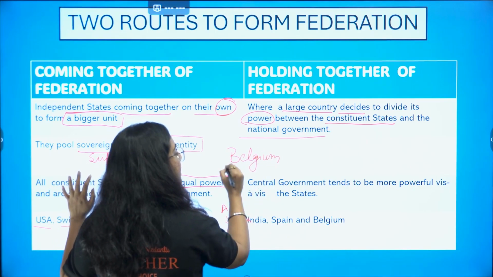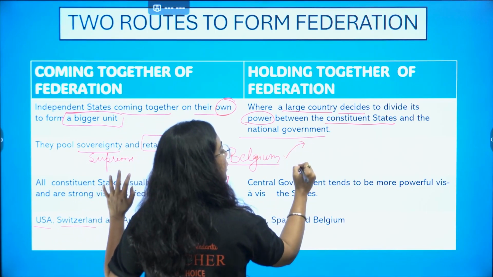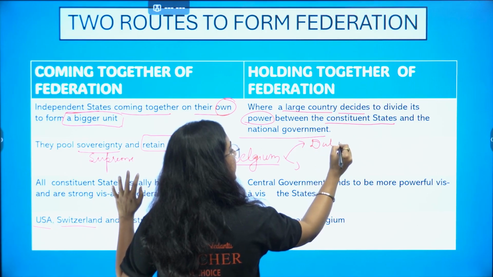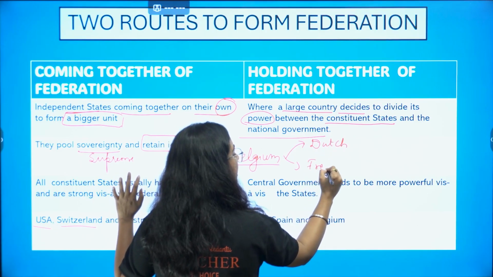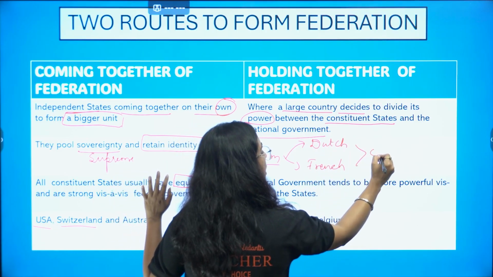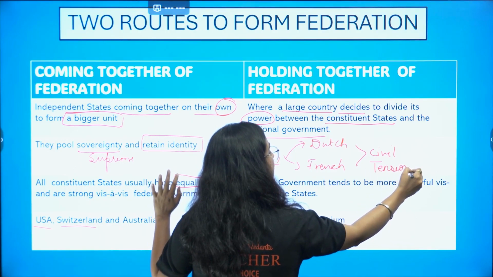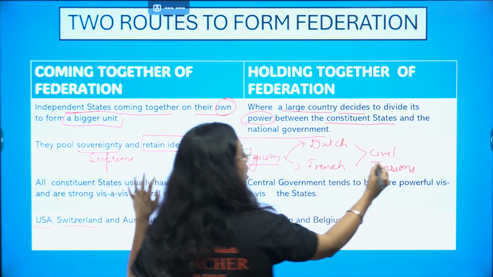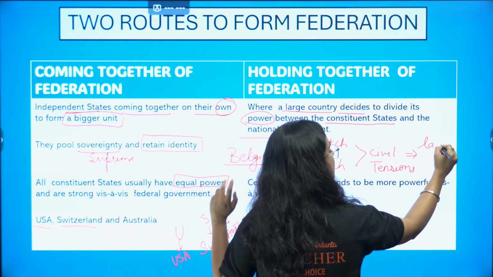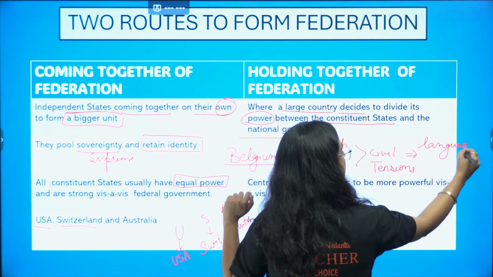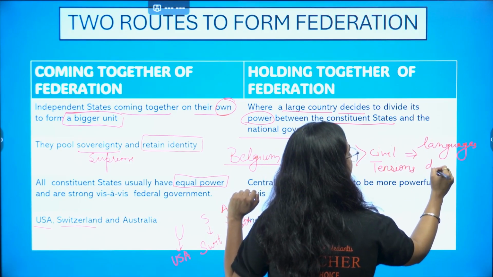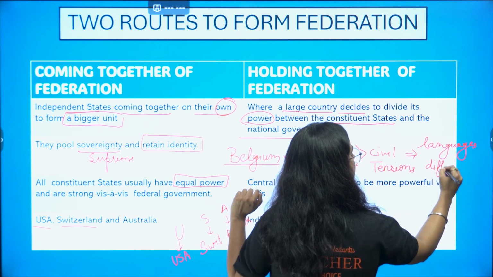There were two communities, Dutch and French. There were civil tensions, we can't call it a war, among them on the basis of languages and regional differences.